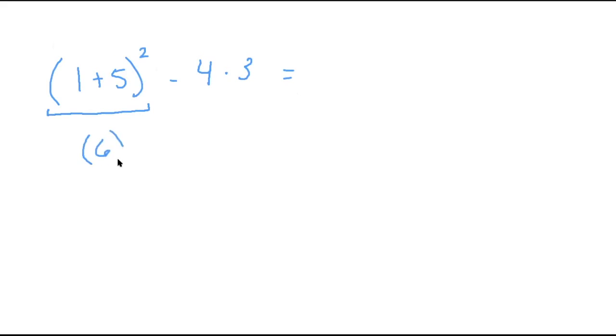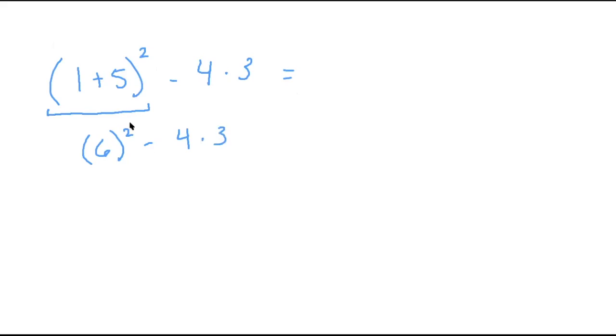Another practice problem, let's do parentheses 1 plus 5 squared minus 4 times 3. What does that equal? Again, parentheses first. So the first thing we want to do is do these parentheses. And so we'll get 6 squared minus 4 times 3.